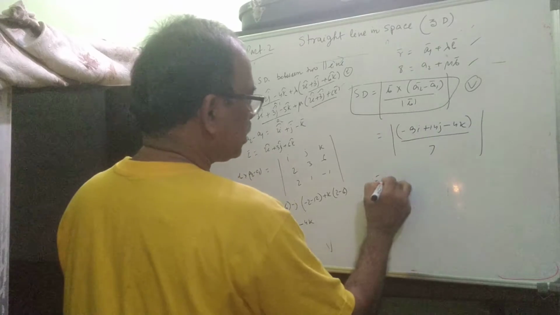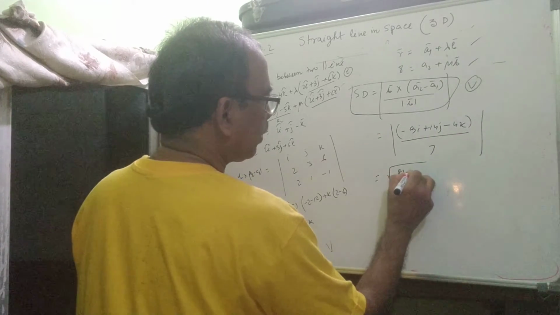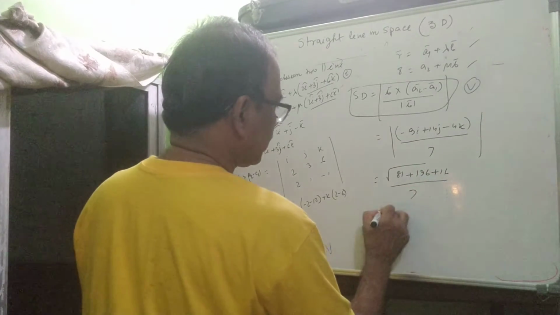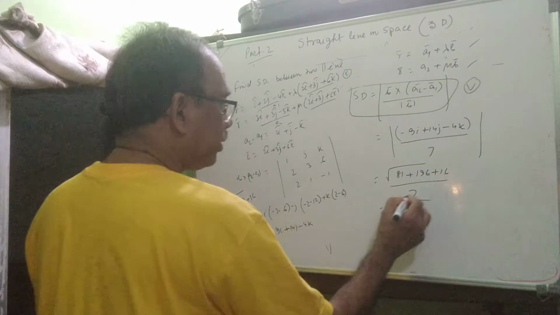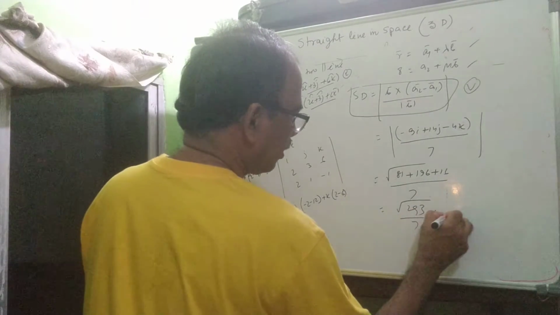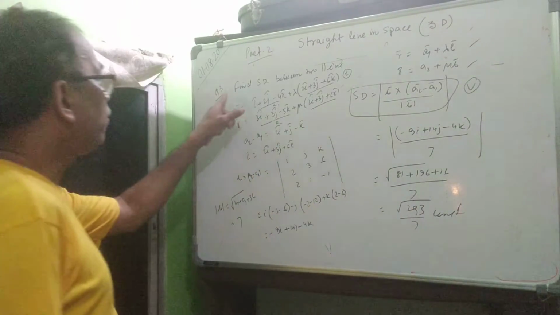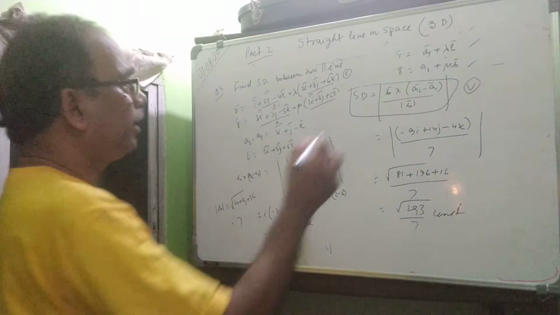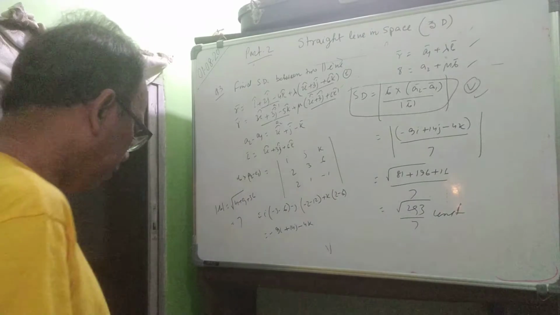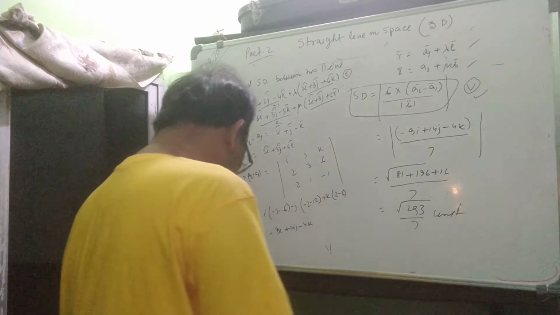The modulus of the numerator is root over 81 plus 196 plus 16, that is square root of 293, divided by 7 units. So if you have two parallel lines in vector equation form, we can get the shortest distance between them.